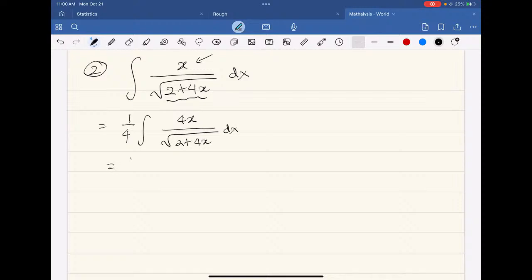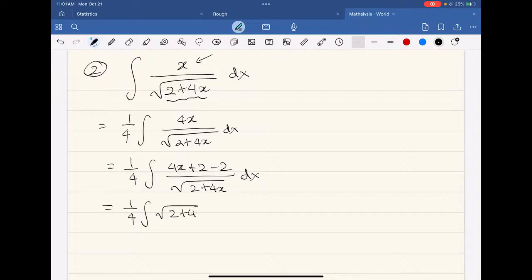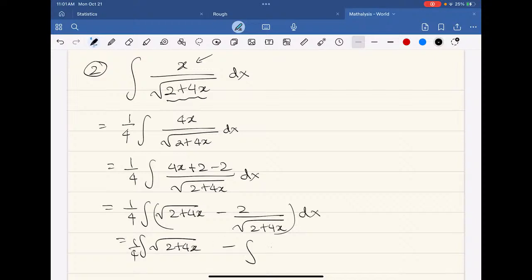After that, I can introduce a plus 2 and minus 2, so this will be 1 by 4 times the integral of square root of 2 plus 4x minus 2 by square root of 2 plus 4x dx. Now I can write this as 1 by 4 times the integral of square root of 2 plus 4x minus the integral of 1 by 2 square root of 2 plus 4x dx.